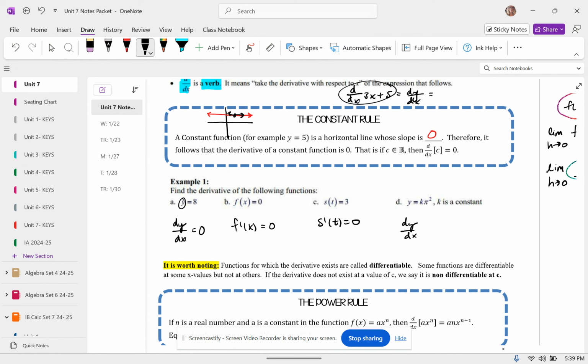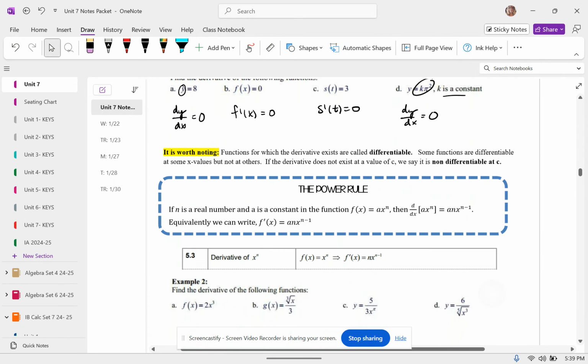And then dy dx of this guy here. You think he's maybe a variable, but k is a constant. And we know that pi squared is really just 3.1415 on, squared. So this guy's derivative would end up being 0 as well. Look at us, we didn't get scammed.